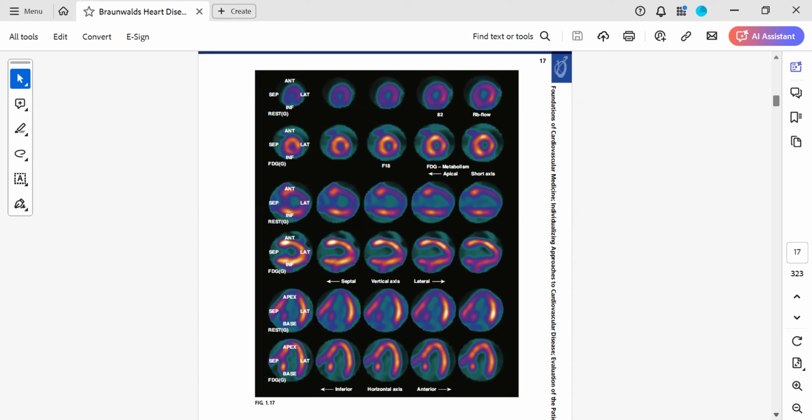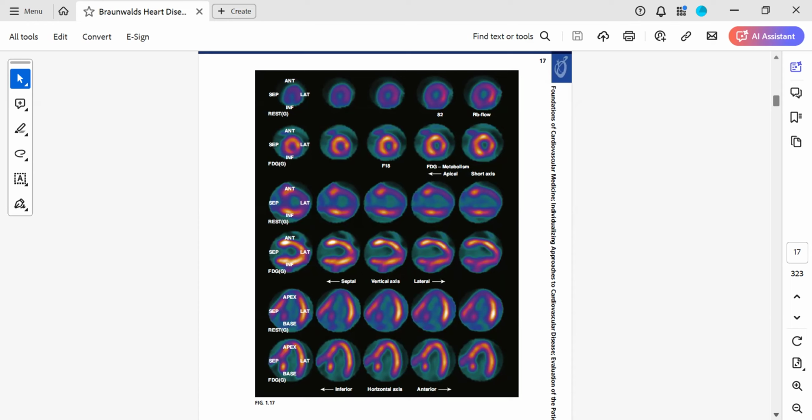As opposed to if part of the myocardium is already infarcted, the rubidium uptake will be reduced, and the FDG will also be reduced. So in hibernation, FDG will be normal, rubidium will be reduced. Normal or increased. While in an infarcted myocardium, both rubidium and FDG will be reduced. Yes. Okay. Yes.